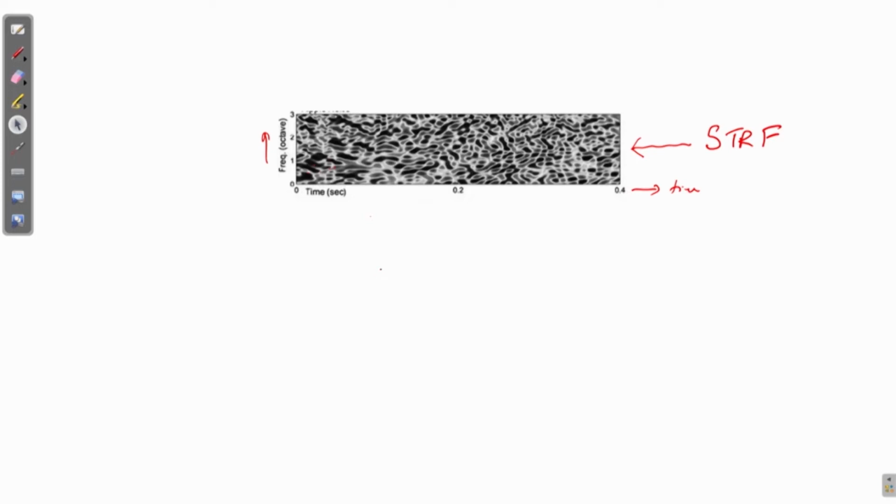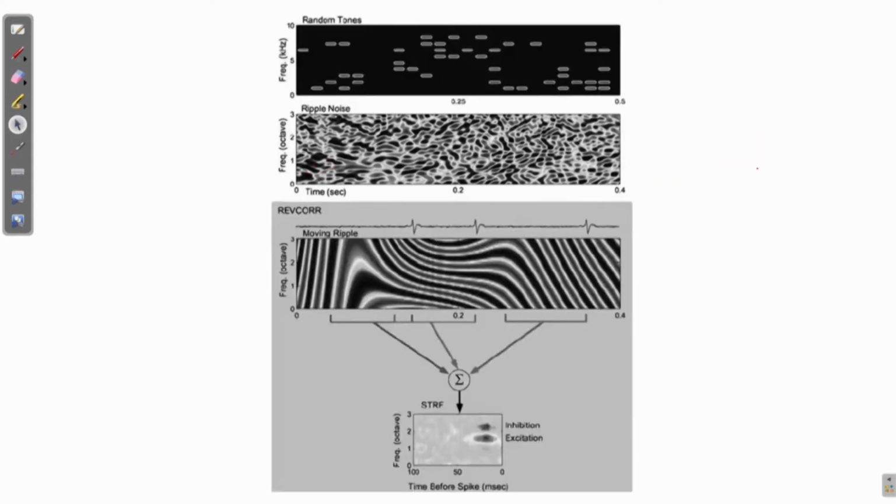So, by applying the same principles as in spike triggered average, we can derive what we call the spectrotemporal receptive field in this manner. Let us say we have one spike, two spikes, three spikes, for example, and the corresponding stimulus is a particular kind of sound called the moving ripple. That is not important right now.